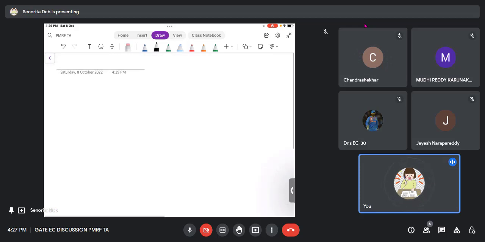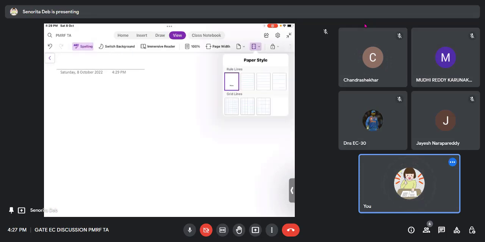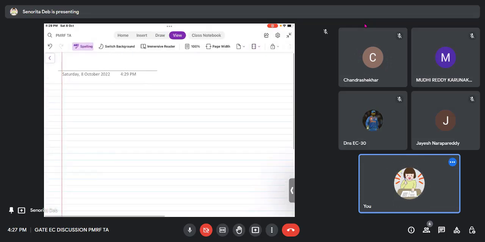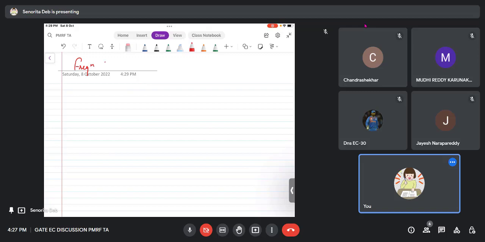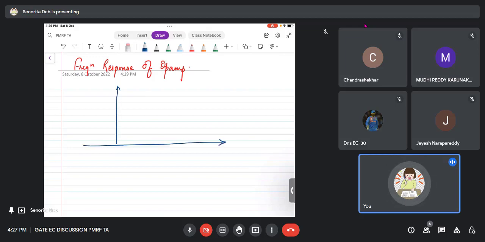So now let us quickly see the frequency response. Okay. So frequency response of op-amp. The graph that normally tells you the frequency response of op-amp is this one.